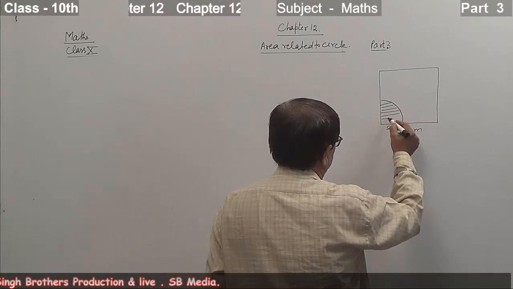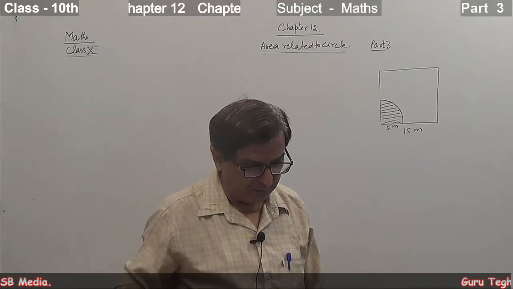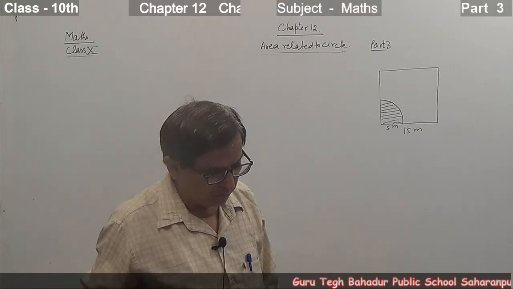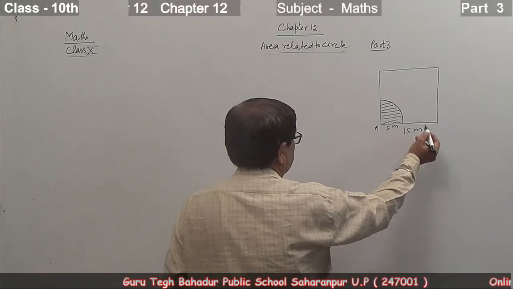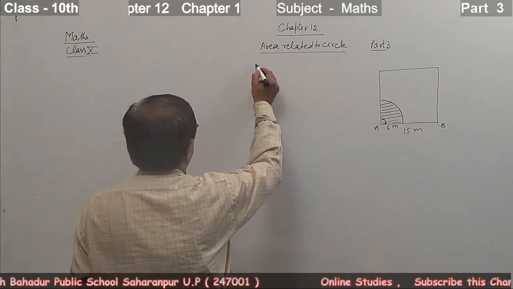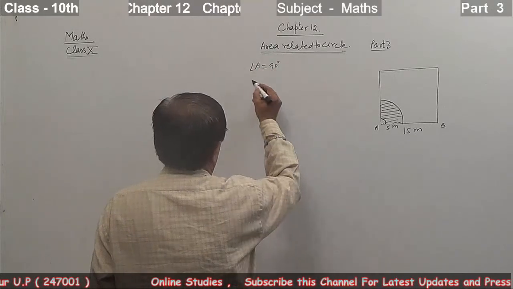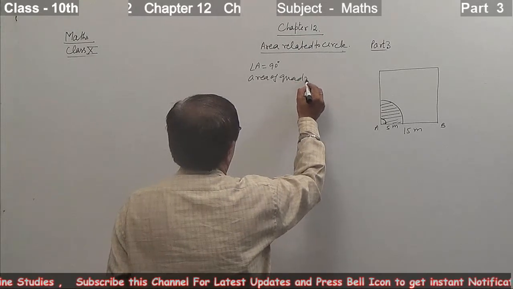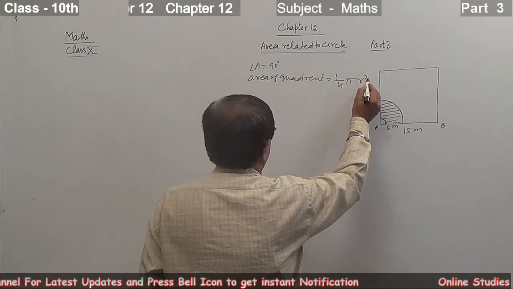Find the area covered by the grazing horse. So this angle A is 90 degrees. So the area of the quadrant is 1/4 pi r square.